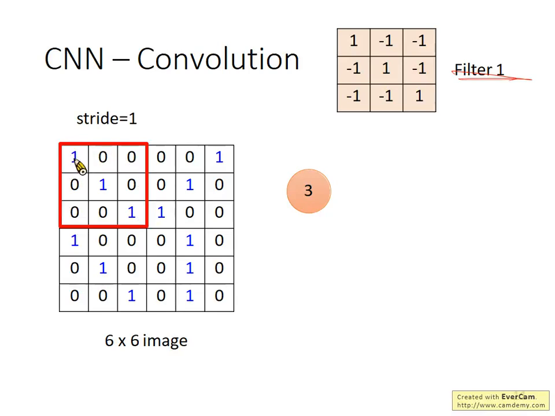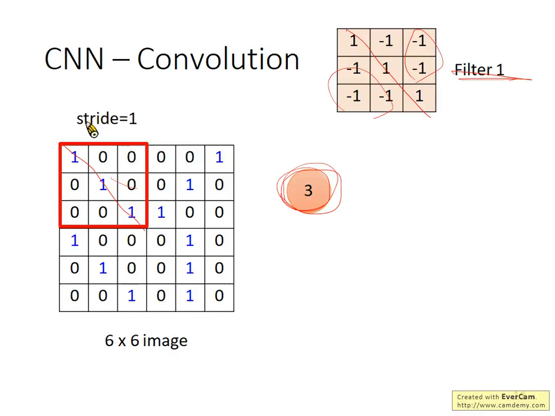Because the values along the diagonal are 1, 1, 1, and the values off the diagonal are 0, 0, 0, we multiply the values 1, 1, 1 by 1, 1, 1 and get 3. The values off the diagonal are all 0, and we multiply them by -1, combine everything together, and finally we get the value 3. So this is the response of the convolution at the first region.